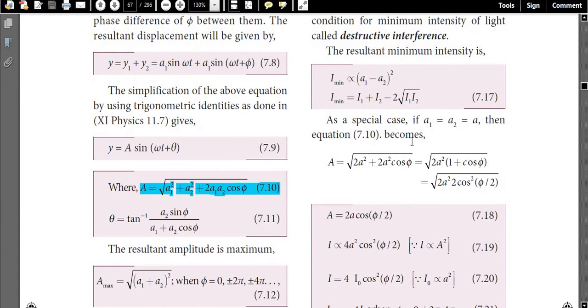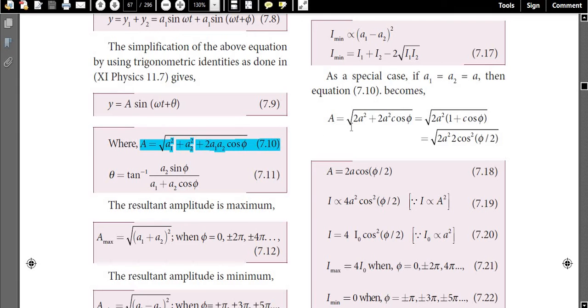The special case: if a1 is equal to a2 is equal to a, then equation 7.10 becomes A equal to root of 2a square plus 2a square cos phi, because a1 and a2 are both equal to a.